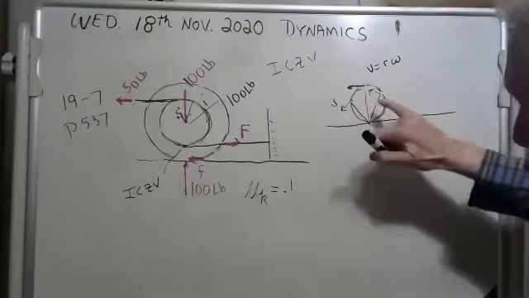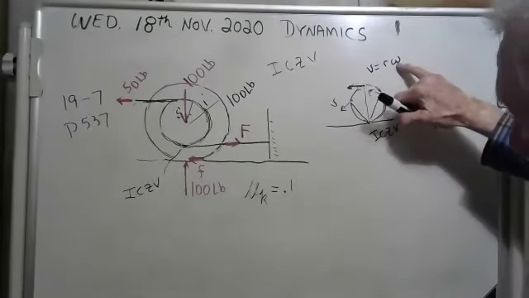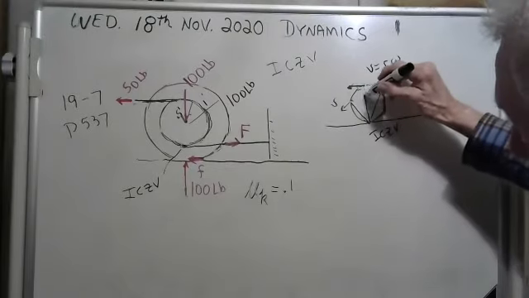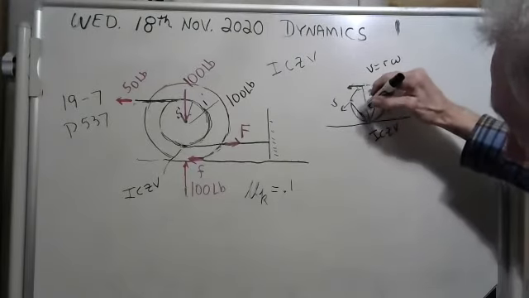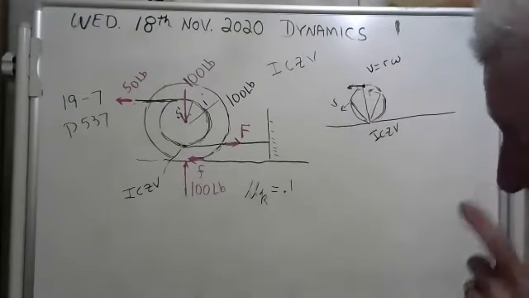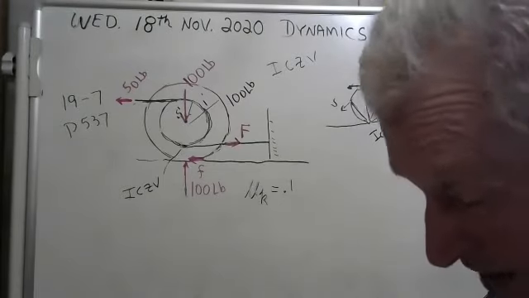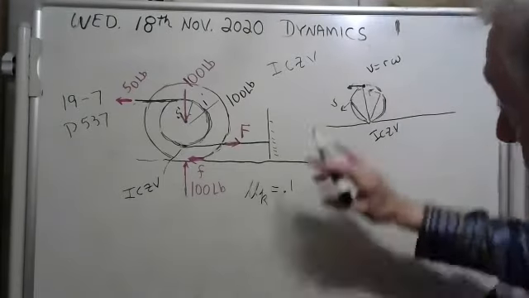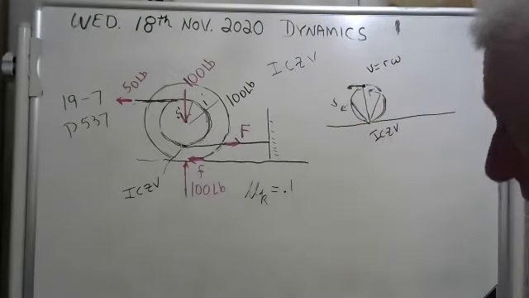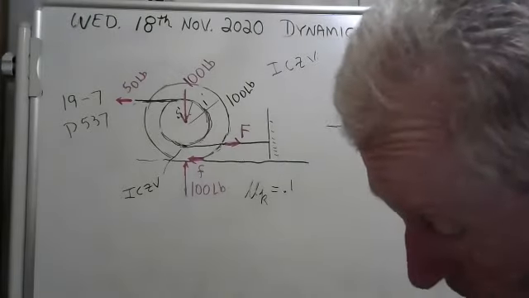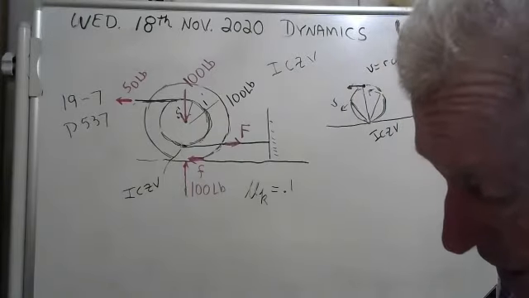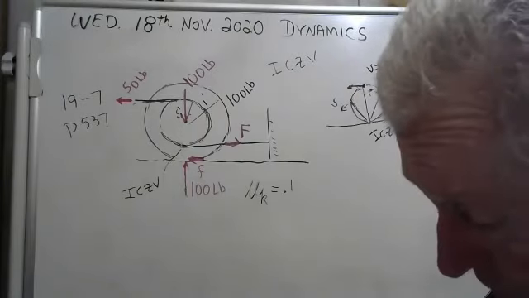Every point on the basketball has the same omega, but because this r is longer than this r here, the velocity of the top of the basketball is going faster than these other points on the basketball. But this point down here at the bottom at that instant has zero velocity. They call that the instantaneous center of zero velocity.